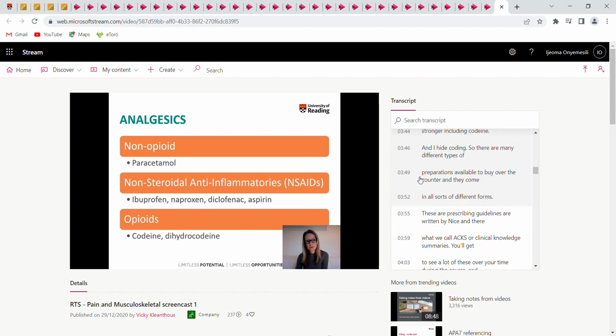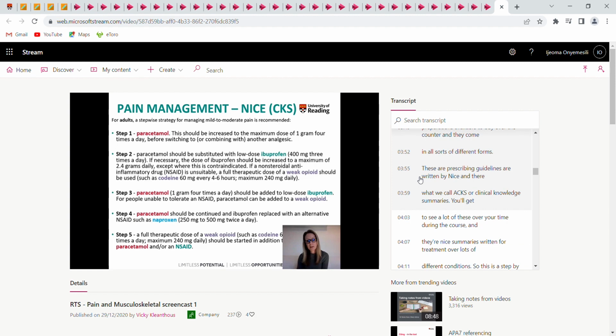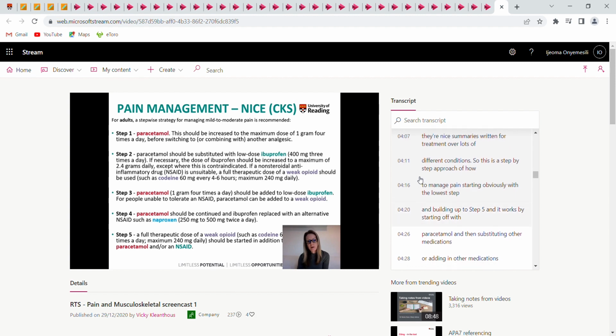These are prescribing guidelines written by NICE, and they're what we call CKS or clinical knowledge summaries. So you'll get to see a lot of these over your time during the course, and they're nice summaries written for treatment over lots of different conditions. So this is a step-by-step approach of how to manage pain, starting obviously with the lowest step and building up to step 5.